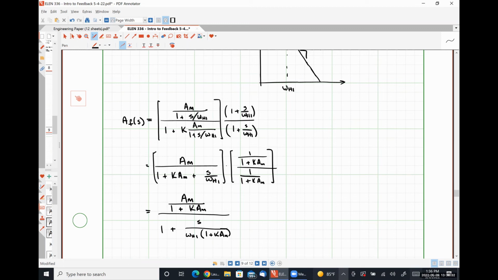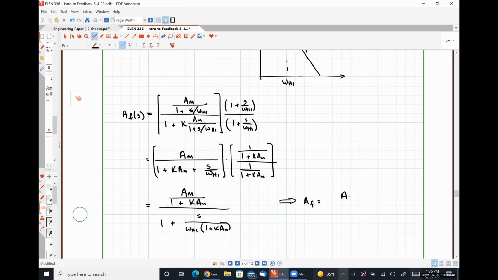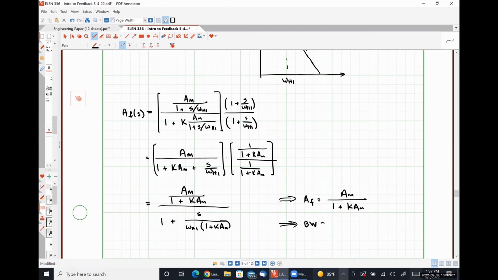So what this means is that our closed loop gain now becomes AM over 1 plus K AM, but our closed loop bandwidth is now omega high multiplied by a factor of 1 plus K AM.